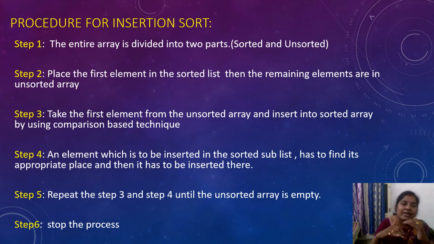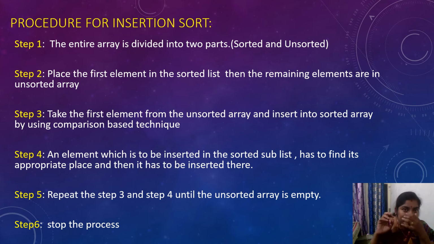In the basic step, place the first element in the sorted list and the remaining elements in the unsorted array. What is the next step? Take the first element of the unsorted array and insert it into the sorted array using a comparison based technique.